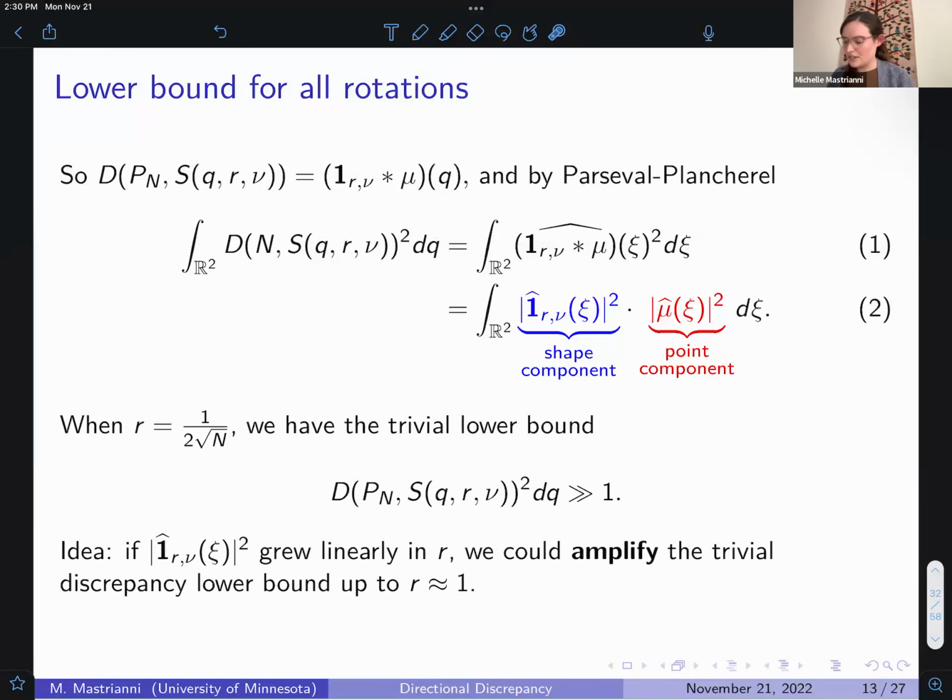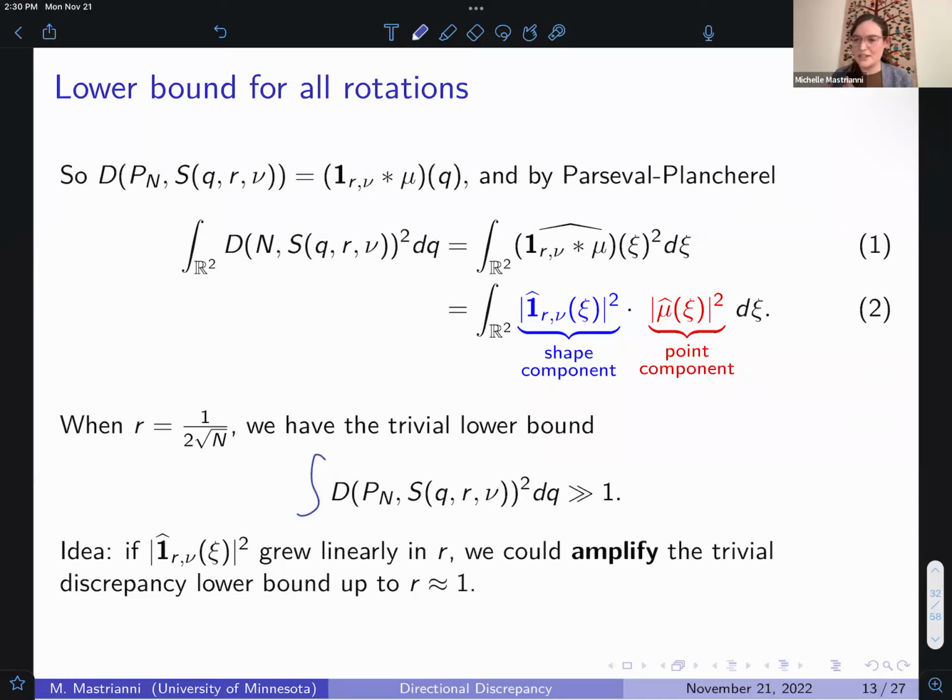And just as a note, if you take a particular choice of side length r, so 1/2 square root of n, then you can show that there's a trivial lower bound for the L2 average over translations, and that it's just lower bounded by some constant.